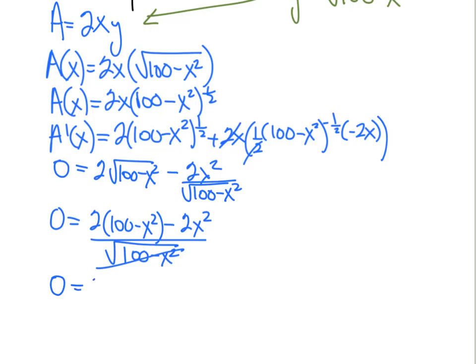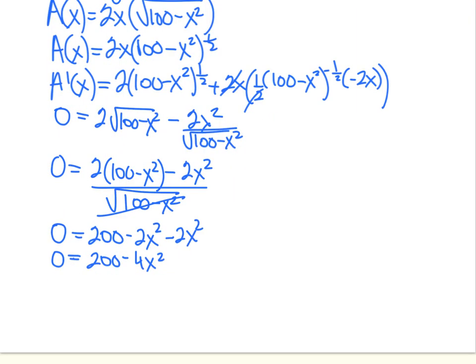0 is equal to 200 minus 2x squared minus 2x squared, which is negative 4x squared, and so I'm just going to skip a few steps here.